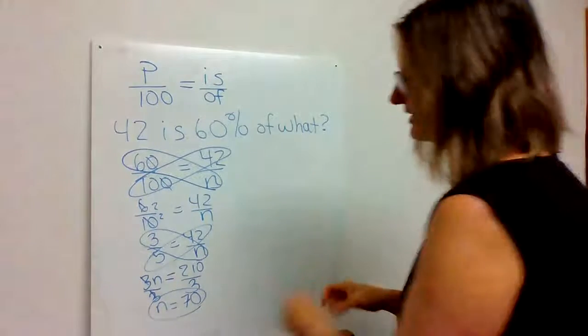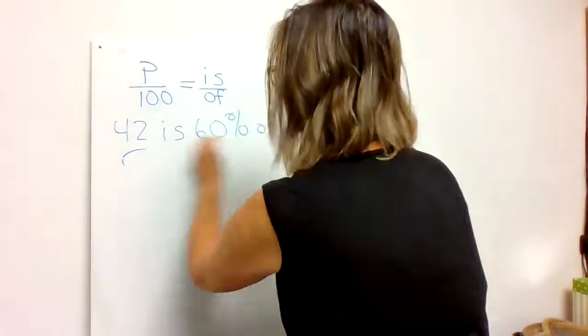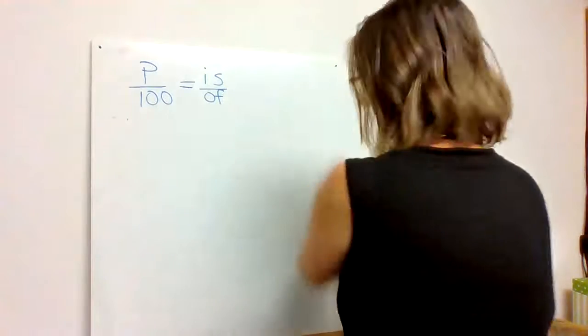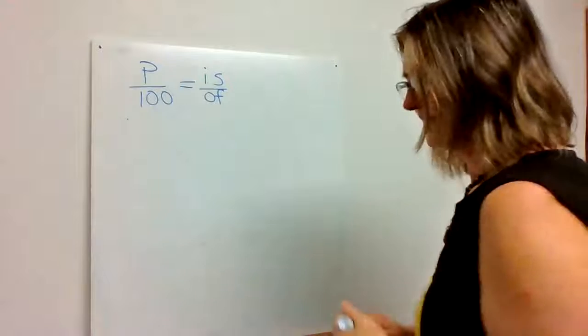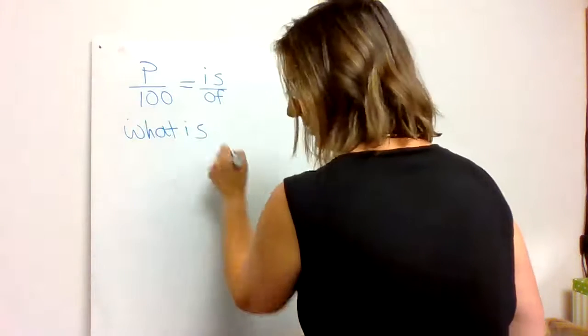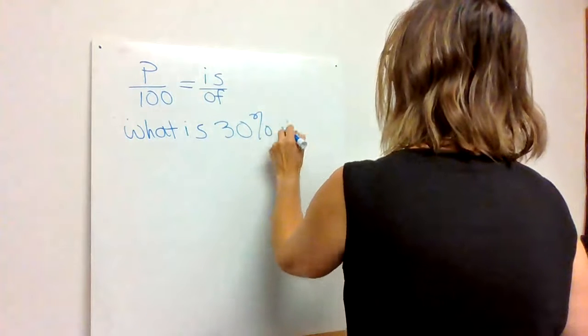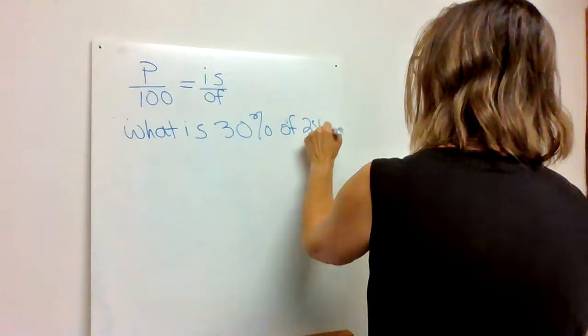I'm going to erase this really quickly and show you just a couple more sentences because they're going to be mixed up a few different ways. So what if I said, what is 30% of 24?